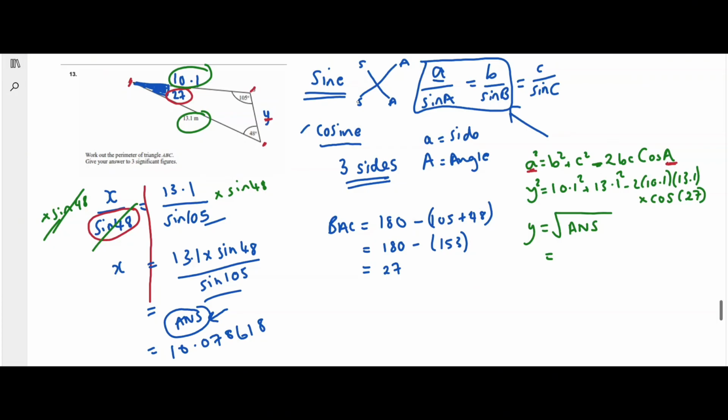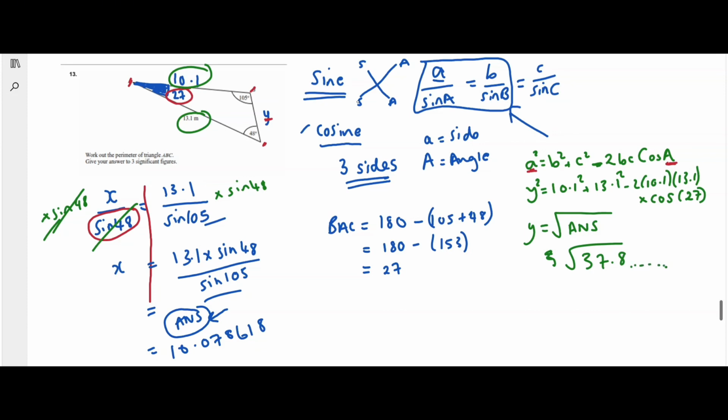So 10.1 squared, add 13.1 squared, minus 2 lots of 10.1, times by 13.1, times by cos 27. So I'm not square rooting first, I'm working out the answer, and then I'm going to square root my answer. So I've got 37.8, but it's a much longer number.